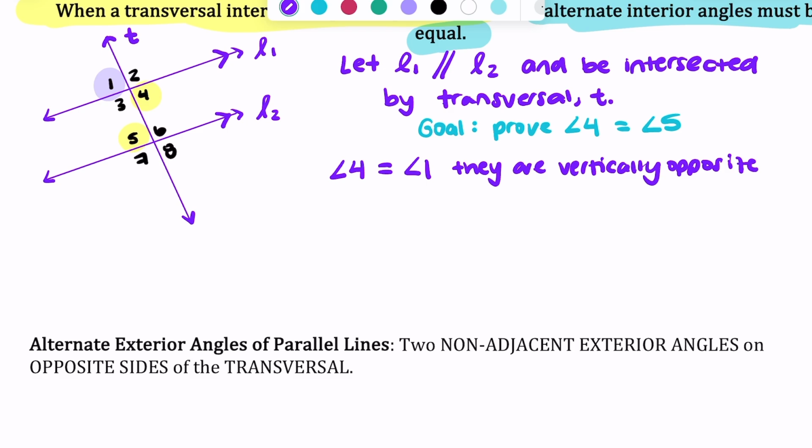Okay? I'm going to do the same thing with angle 5 and angle 1. I know angle 5 also happens to be equal to angle 1 because they are corresponding angles of parallel lines.